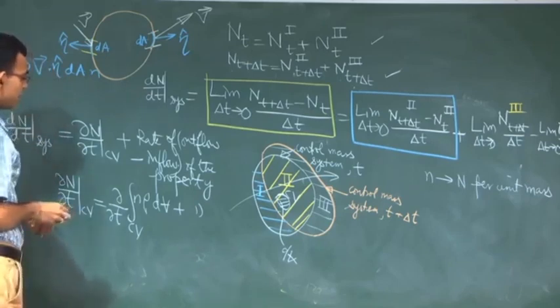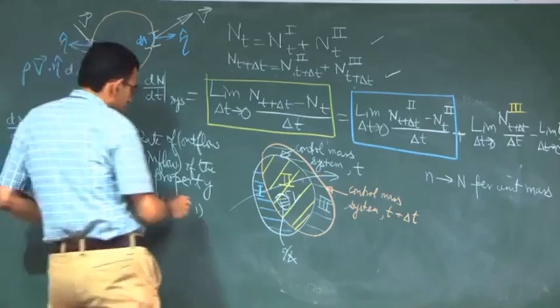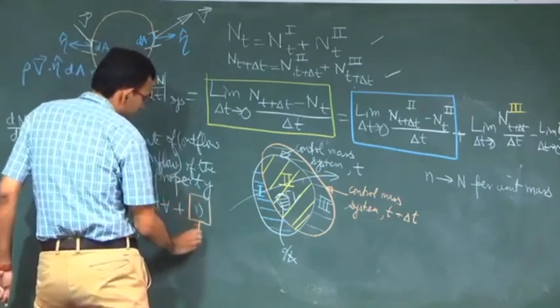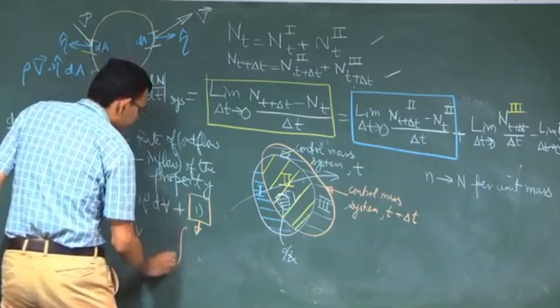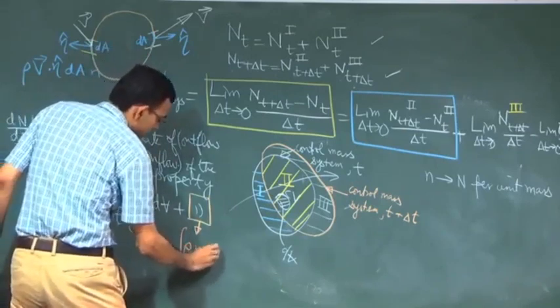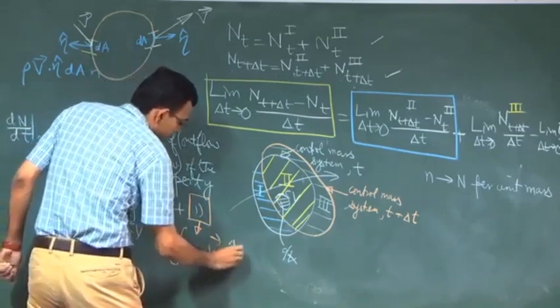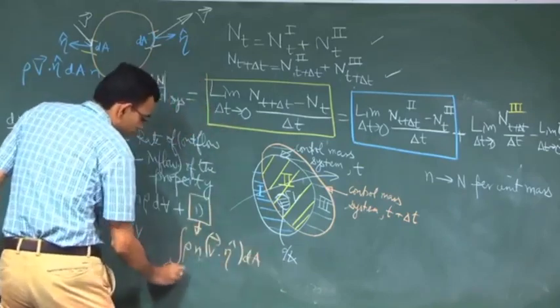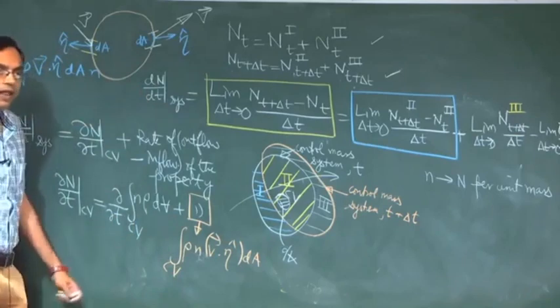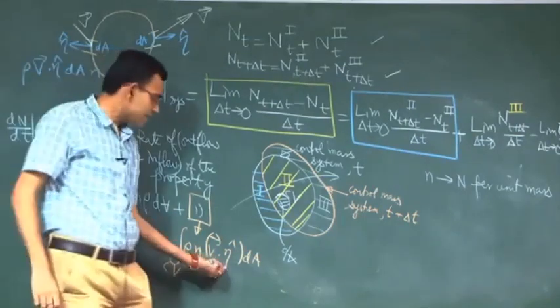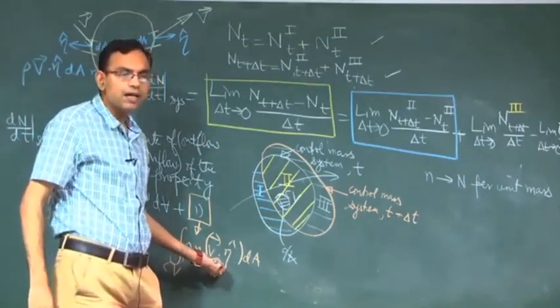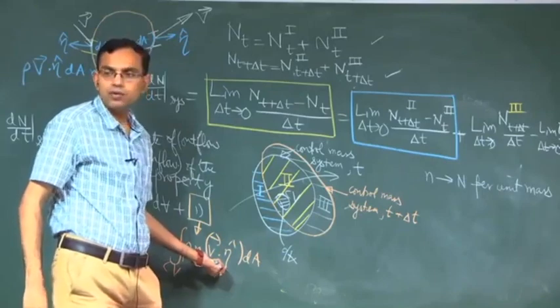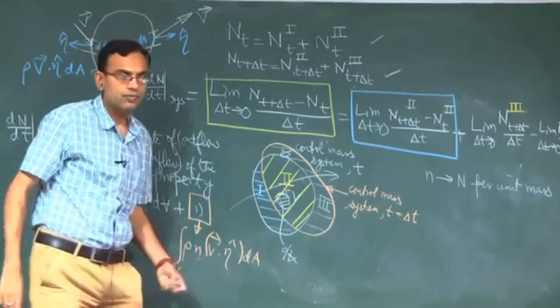So, instead of outflow minus inflow, we can write this simply, where a plus value will imply outflow and a minus value will imply inflow.